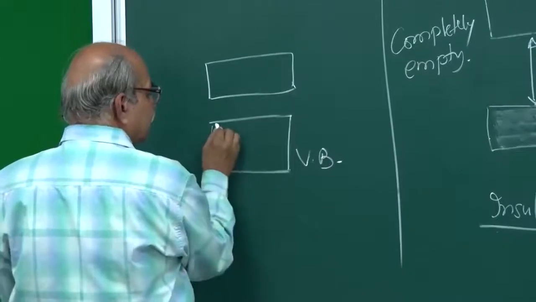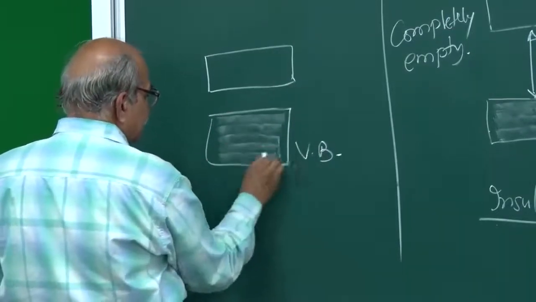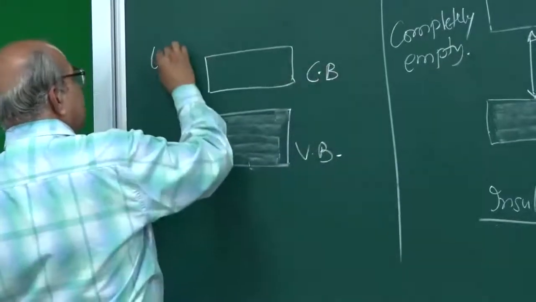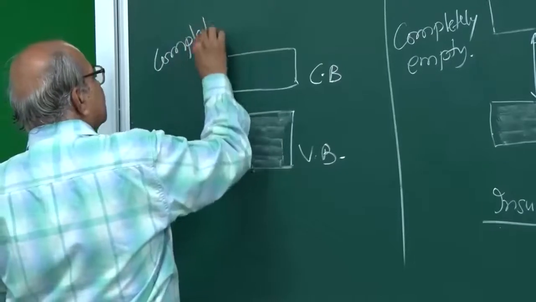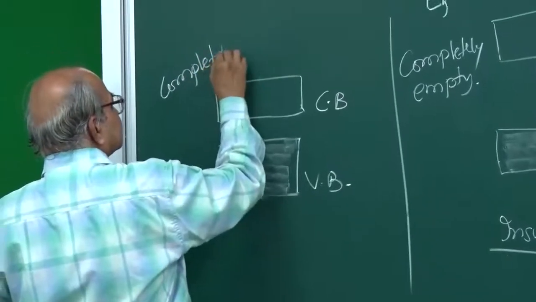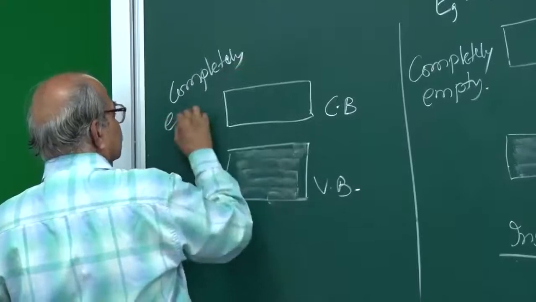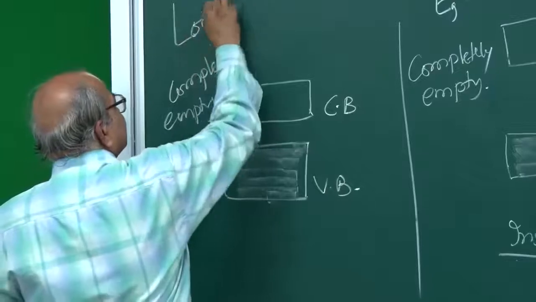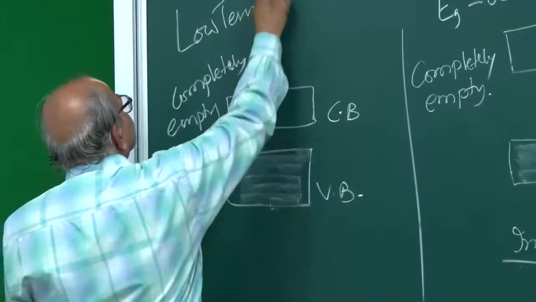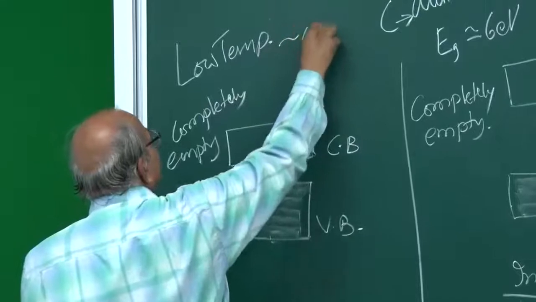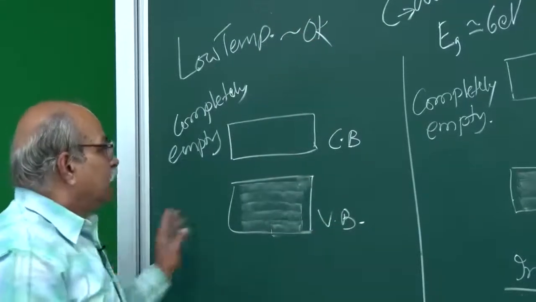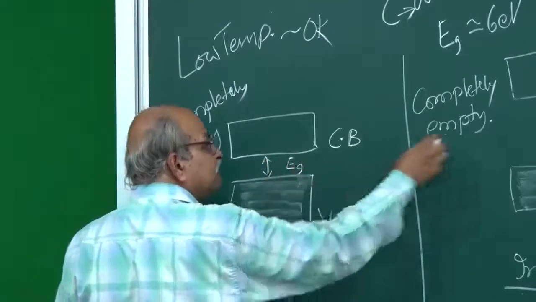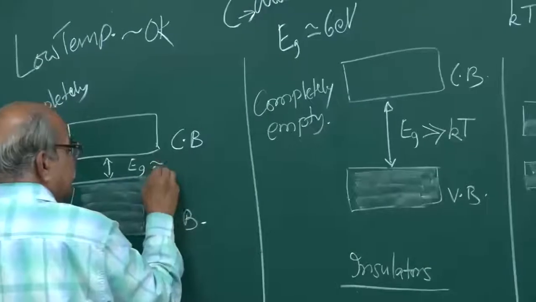Once again, the valence band by definition is completely filled, but this conduction band is again completely empty at 0 K. I am talking of low temperatures, 0 K. But this gap Eg is not very large as compared to kT.